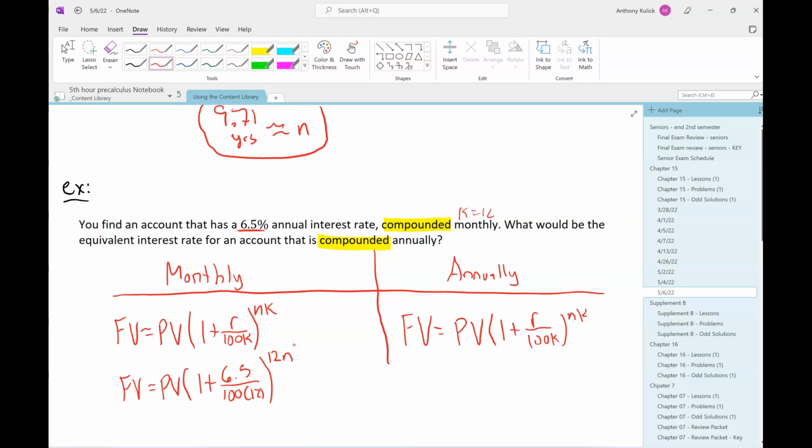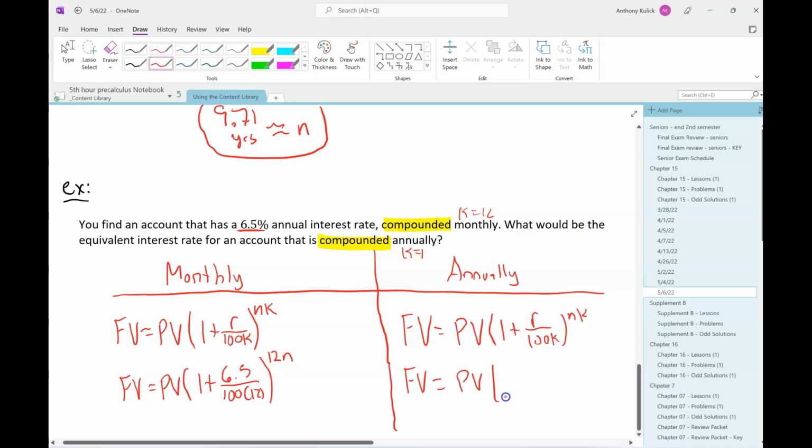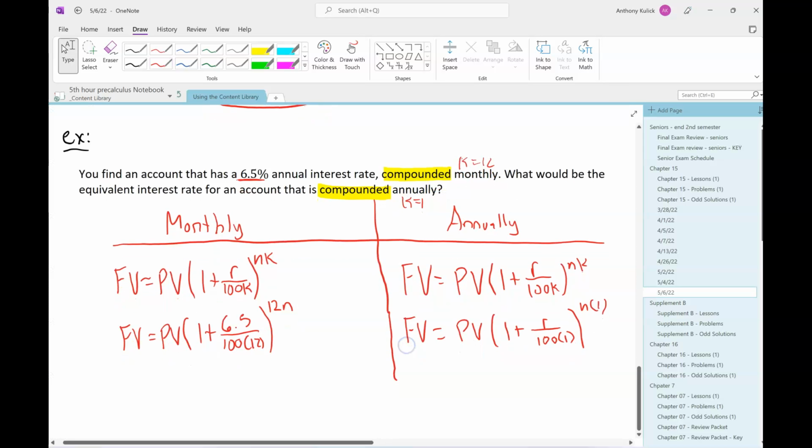Everybody so far so good? All right, and then it says, what would the equivalent interest rate be for an account that's compounded annually? What information can we pull from that sentence? Yeah, so that gives us the K is 1 there, right? Okay.